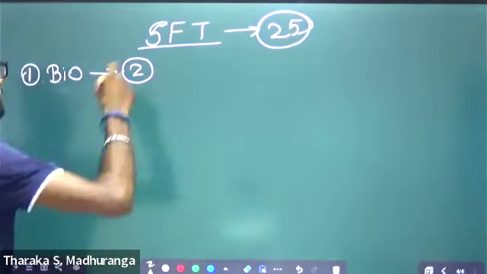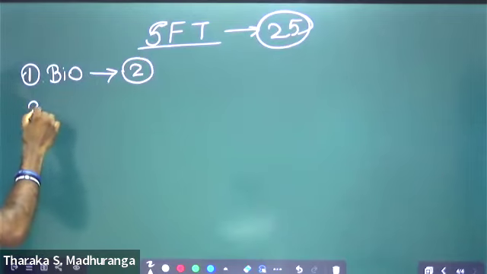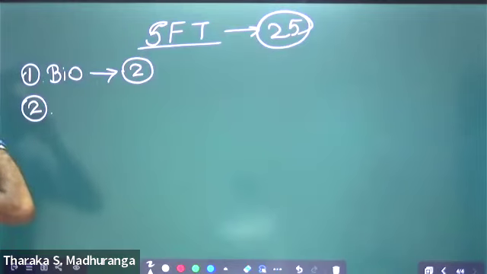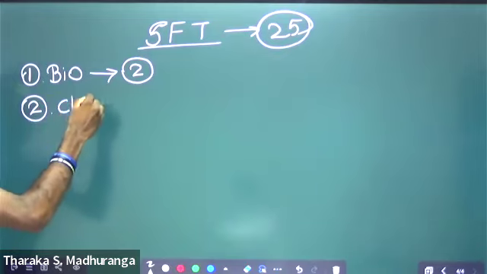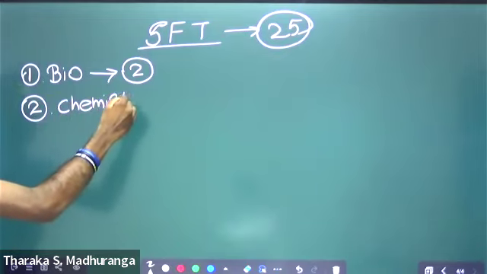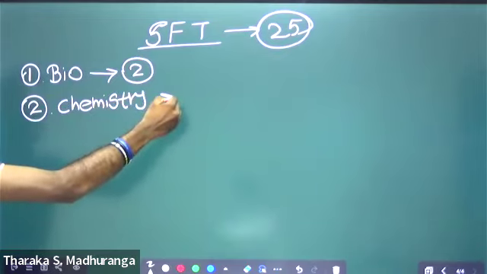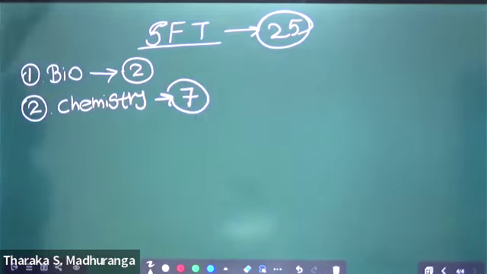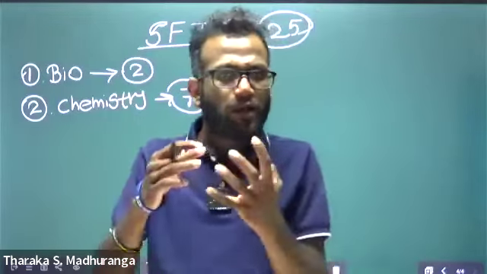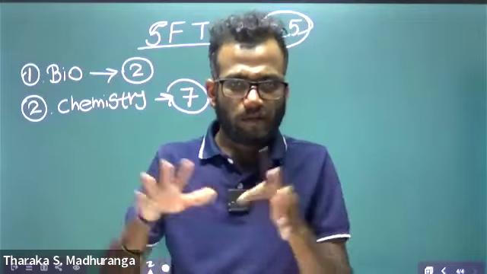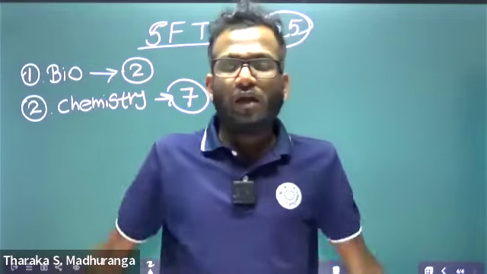Okay, we have 2 biology lessons. After that, in second, you have 7 chemistry lessons. In chemistry, we start from biomolecules, which are the basis of chemistry, but that is a biology lesson.